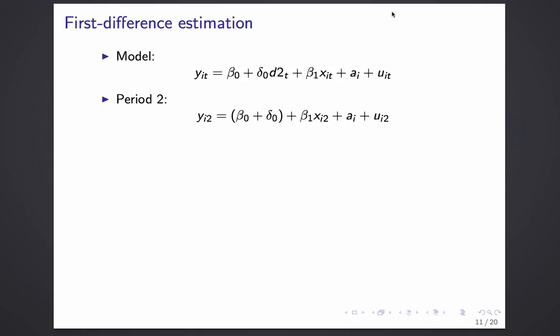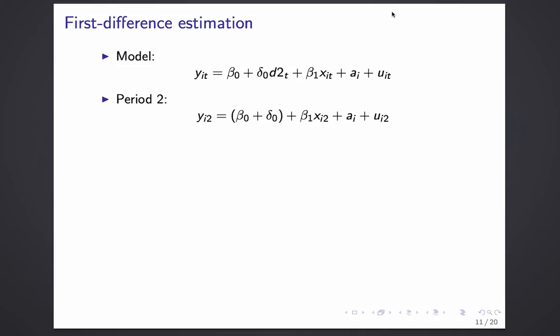Because of the time dummy, the intercept on the right-hand side is equal to beta naught plus delta naught. And then we have our regressor, which now is indicated by 2 because we have observations from period 2, and in front of xi2 we have our slope coefficient beta 1, which we're interested in. Now, if we were to estimate this model just using data points from the second period, we would still have the same problem, namely that x is correlated with AI, so OLS will be inconsistent in this case as well.